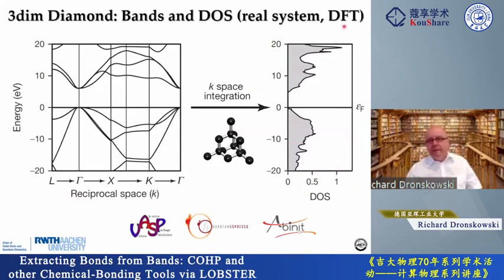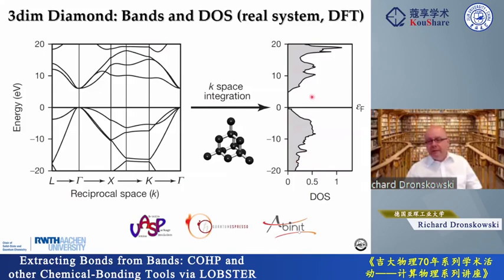Now, this was done using density functional theory because we have to at least approximately take care of the interaction of all the electrons. And this is routinely done, whether you use a plane wave program such as VASP, or Quantum Espresso, or ABINIT, or any other method, it will give you essentially the same result. There's only one problem, namely, what about chemical bonding?